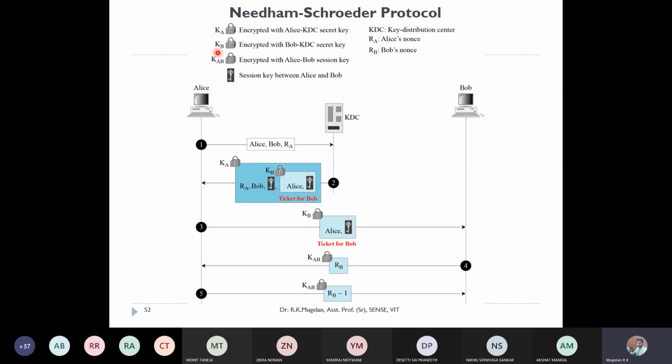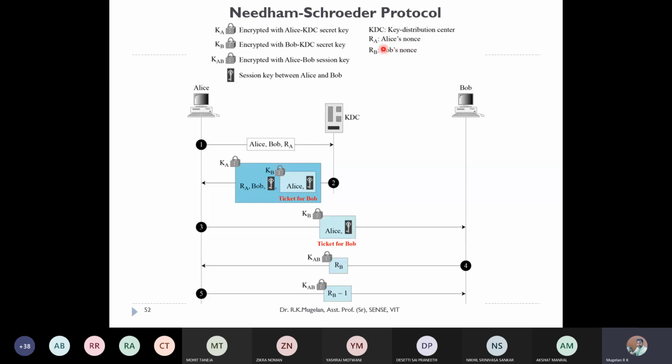K suffix B is a secret key known to Bob and the KDC. And KAB is nothing but the session key. This session key is required between Alice and Bob to perform the communication. KAB, as well as the key in the diagrammatic representation, both mean the same session key between Alice and Bob. And KDC stands for Key Distribution Center.